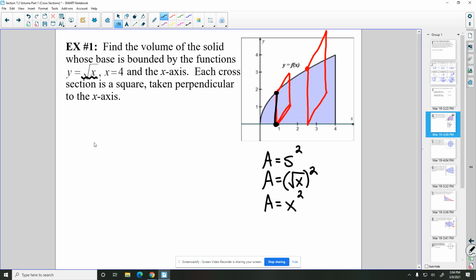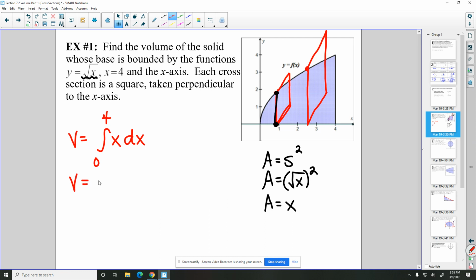Okay, so to find the volume of this solid made by cross sections, we will be doing the antiderivative from 0 to 4 on the x-axis, and the equation for the area of each square, I just realized I put x squared, that would just be x. The area for each square is x, and then we are anti-deriving.